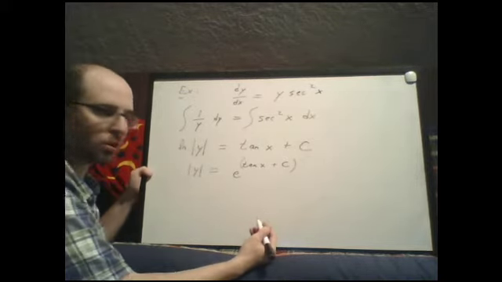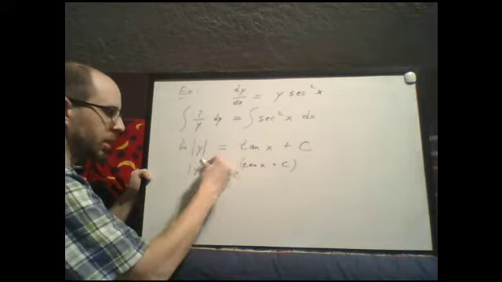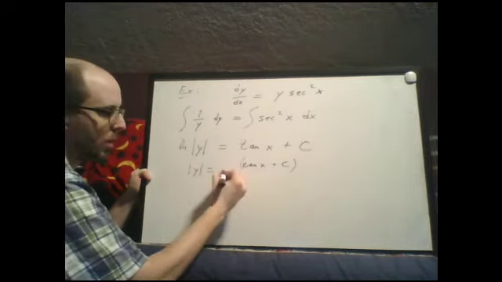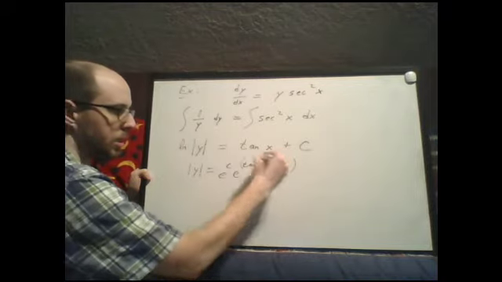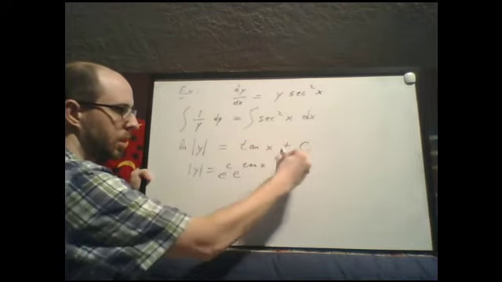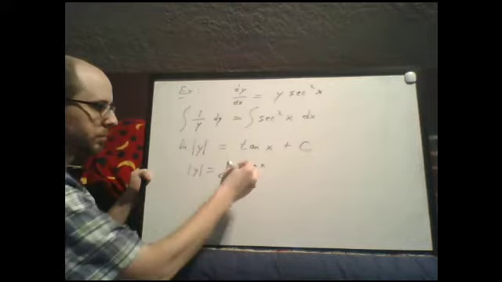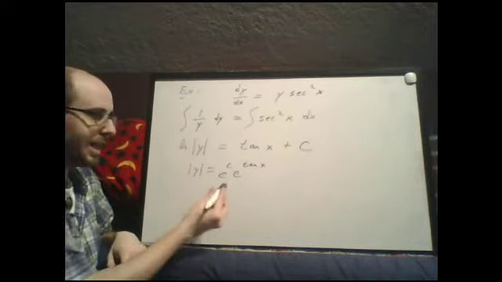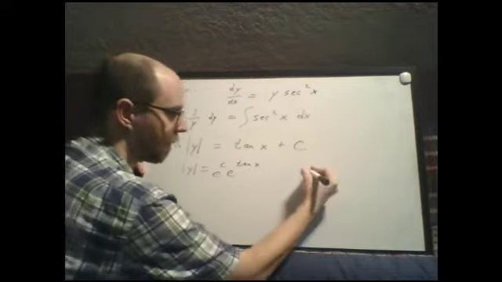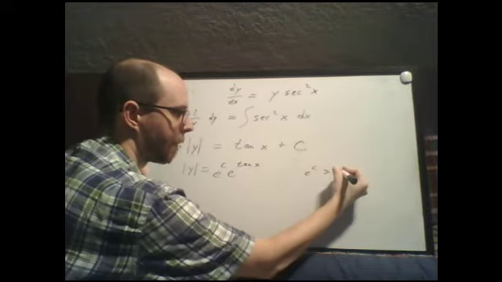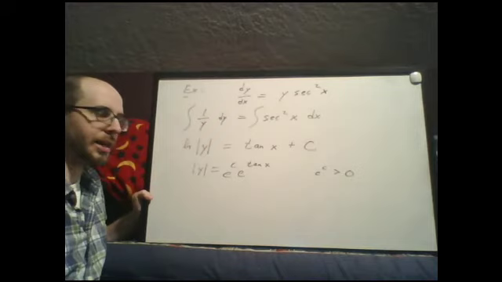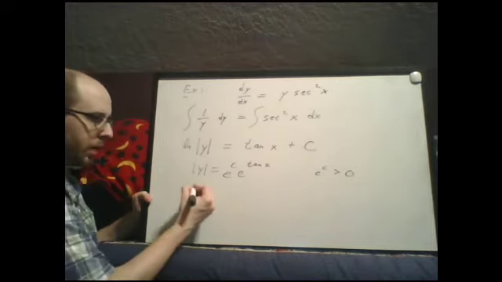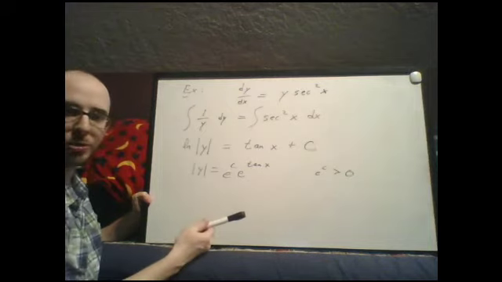I'm going to split this up and write e to the c times e to the tan x. e to the c is a positive number, right? e to any power is always going to be positive.